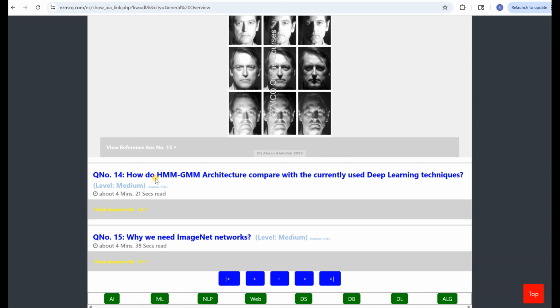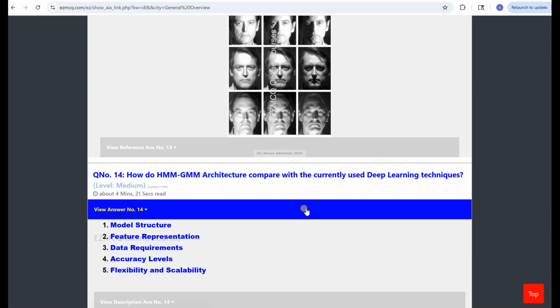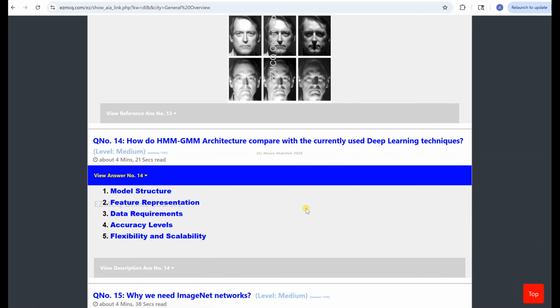People who are old folks hold to their old beliefs, and I'm not being sarcastic here. They believe that the HMM and the GMM compare with deep learning techniques. Well, deep learning techniques are way ahead of these HMM and GMM architectures, which I will briefly explain here. There's no comparison, as a matter of fact.